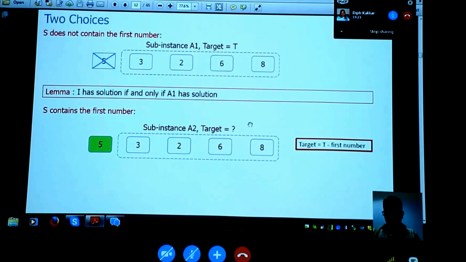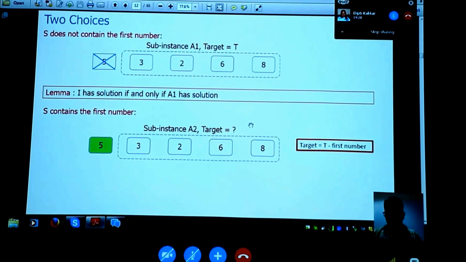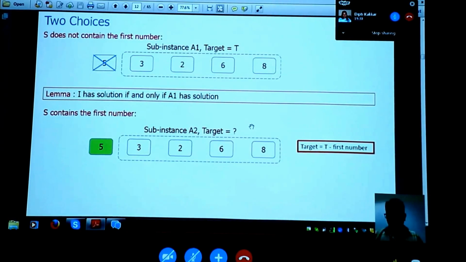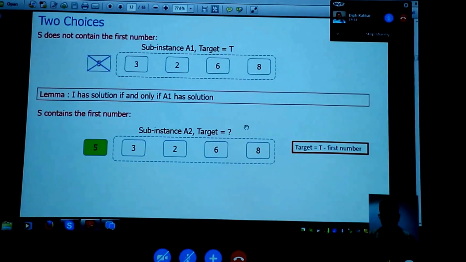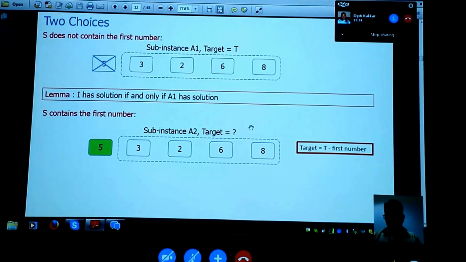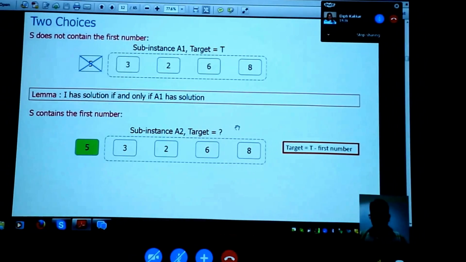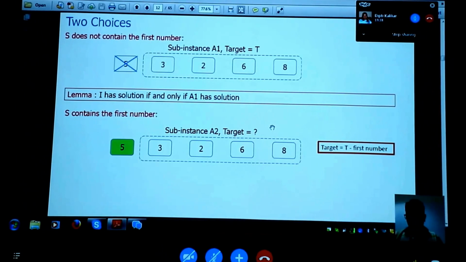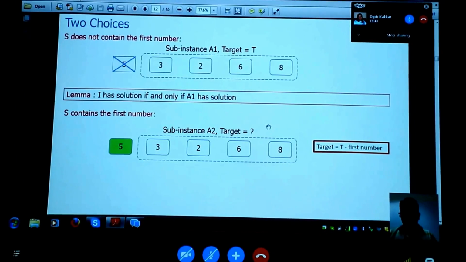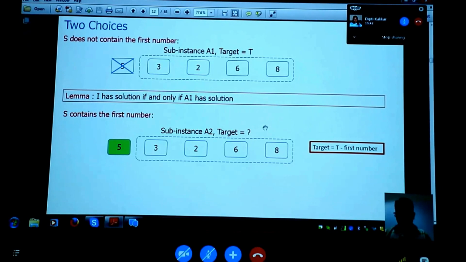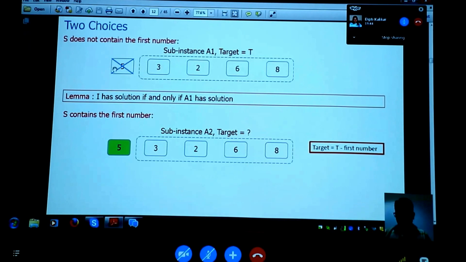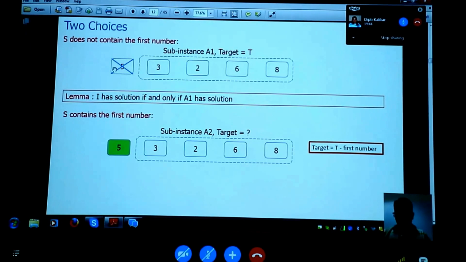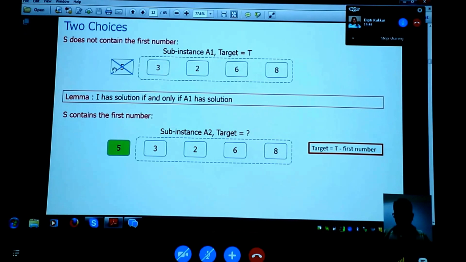So let's see that. Suppose it doesn't contain the first number. We are going to write a recursive program for doing this by making these choices, by making these assumptions. So suppose S does not contain the first number 5. Let's say it doesn't. That's our guess. Then what can happen? Then we have to throw out the 5. This solution is sitting there, and we are assuming that it doesn't have 5.